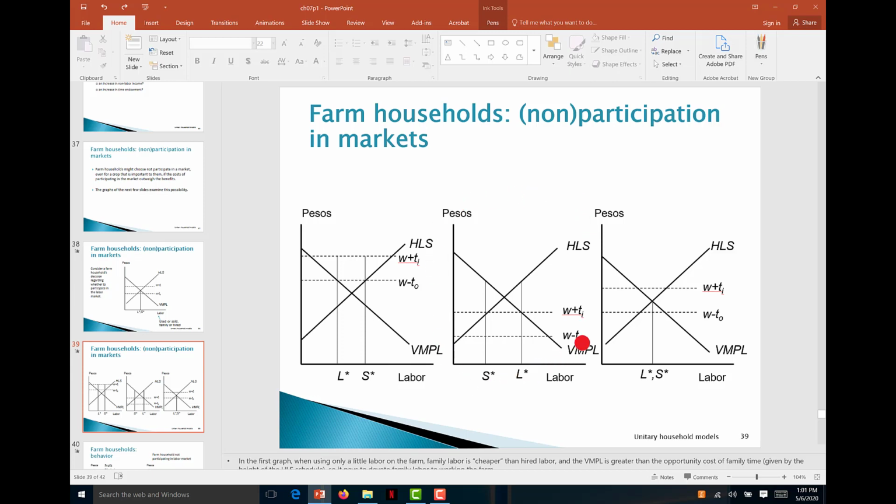In this middle graph, the situation is the opposite of the right graph. The autarky equilibrium of labor has a price, if you look on the y-axis in pesos, which is higher both than the price of offering your labor on the labor market and higher than the price that would cost you after the transfer cost to hire labor in your own farm, in which case then the family actually hires labor from the labor market.